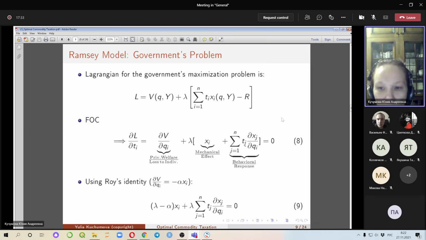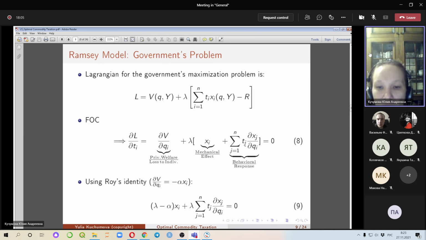Each term in this equation has a meaning, and it always has. In this case, we are going to discuss it. The first term is actually a private welfare loss to individuals: how an increase in prices would affect the indirect utility function, so how it would reduce a person's welfare.